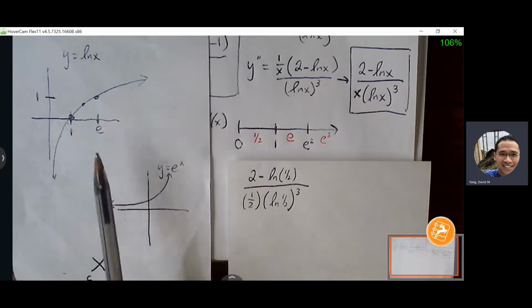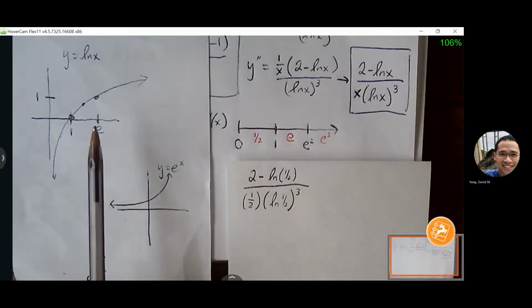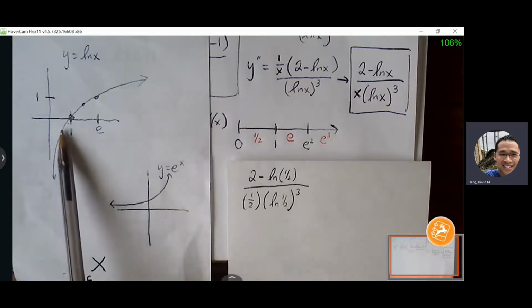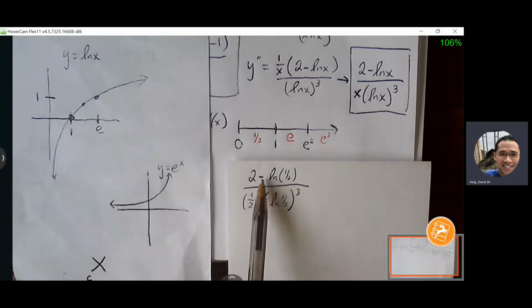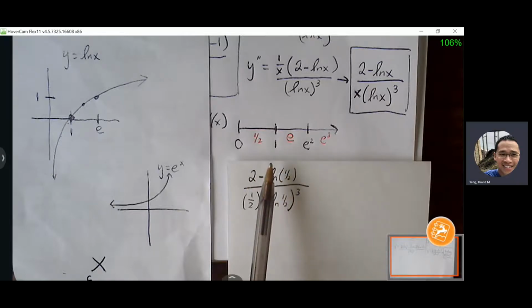What can you tell by looking at this graph? Natural log of 1/2 is going to be what? Negative, right? So probably somewhere around negative like 0.5 or something, okay? So 2 minus negative 0.5, what's that going to give us?